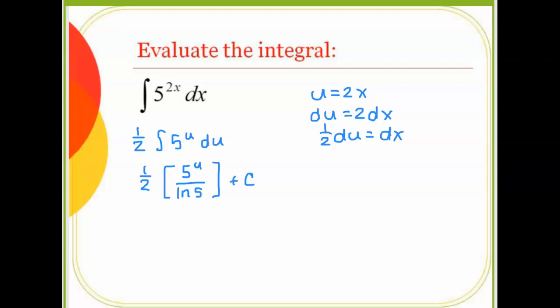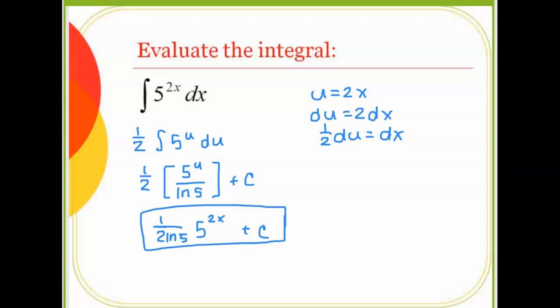And u is 2x. So we get 1/2 multiplied by the natural log of 5 times 5 to the 2x plus c. And if you wanted to put the 5 to the 2x on top, you could. So you could say like 5 to the 2x over 2 ln 5. That's the same thing.